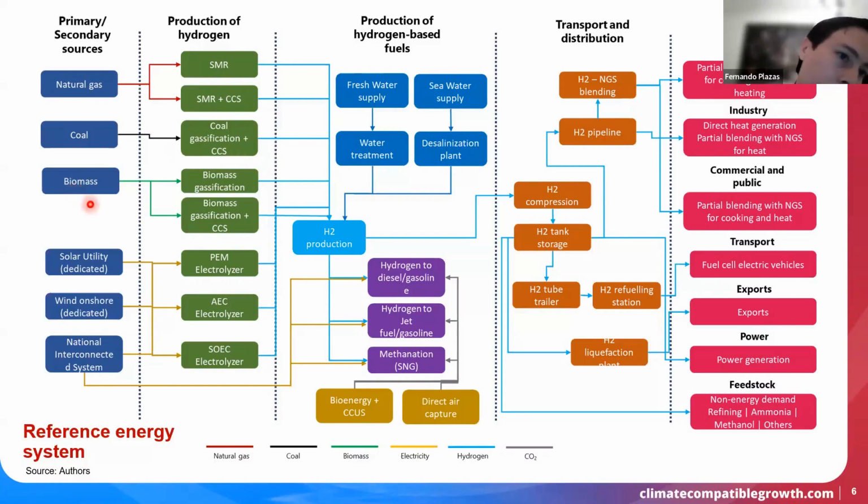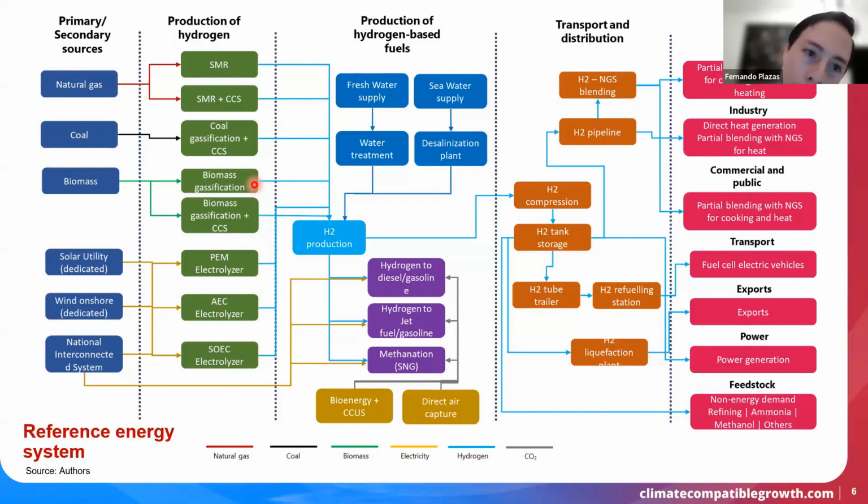And also we have biomass resources. So it could be an option to use agricultural residues for biomass gasification. Depending on how you are representing it, what methods are behind it, and what kind of crops or residues you are using, it could be that the level of emissions is not very high.